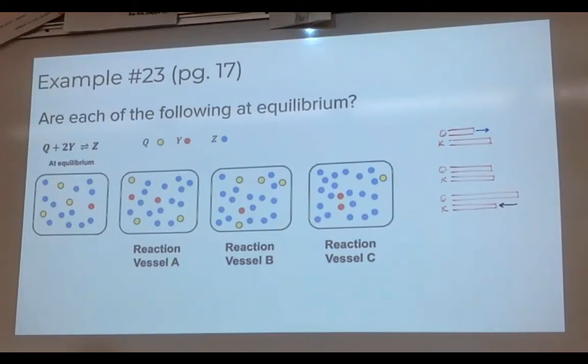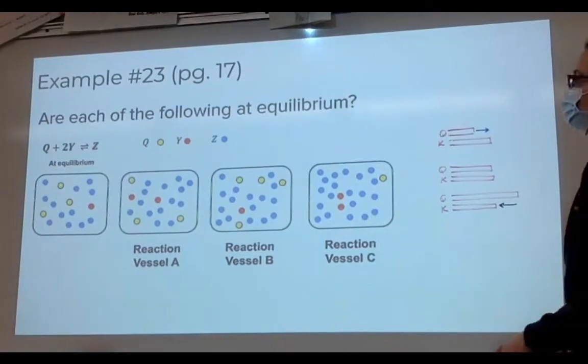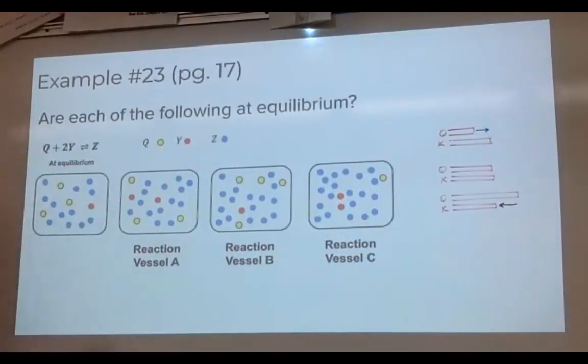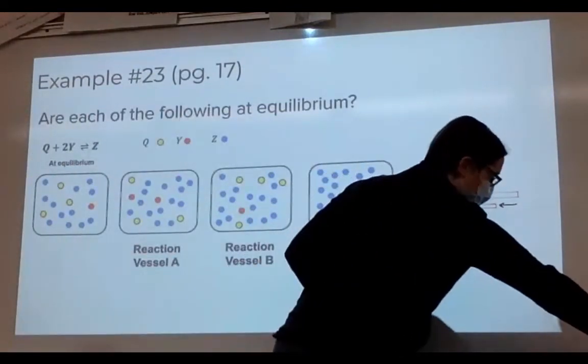As well. So, for example 23, all these particle diagram questions are on page 17. This question just asks, are each of the following at equilibrium? That's it. They give us the at equilibrium particle diagram.